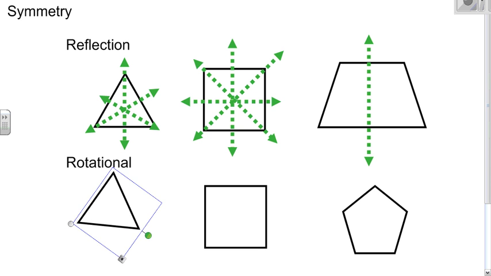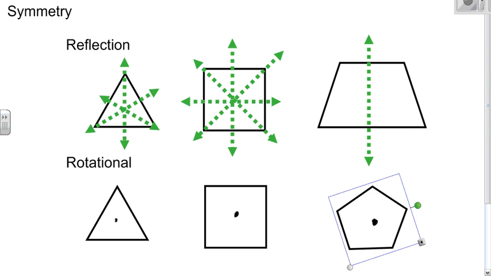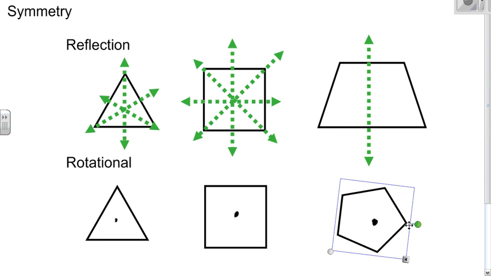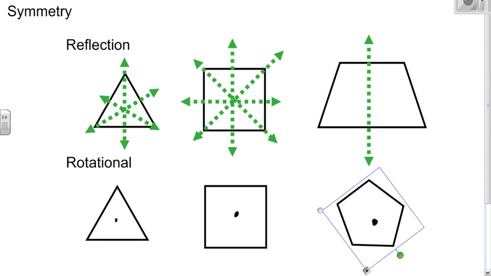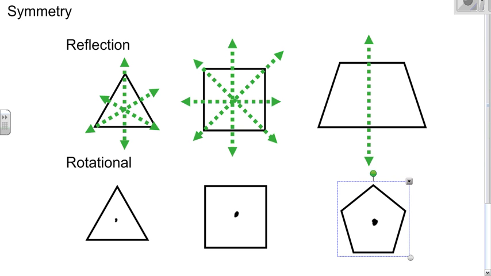So you could say it has rotational symmetry of 120 degrees about the center point. Same thing with the square. Also, a pentagon can have rotational symmetry if it matches up when you rotate. I think my drawing of a pentagon's a little bit off, but hopefully you get the point.